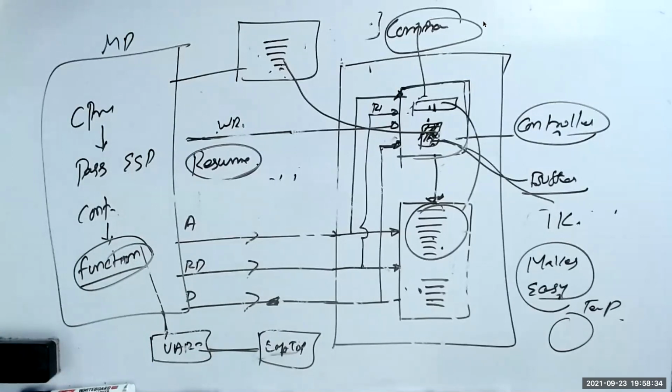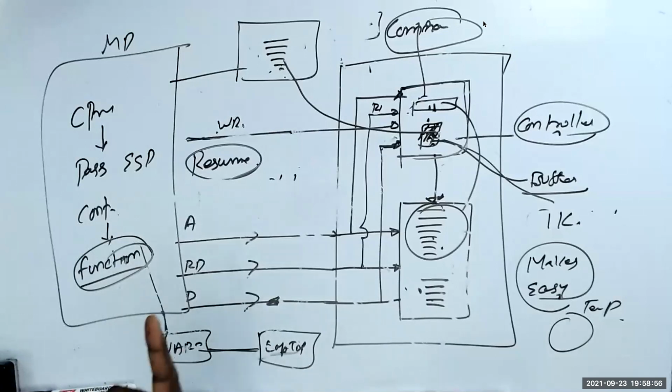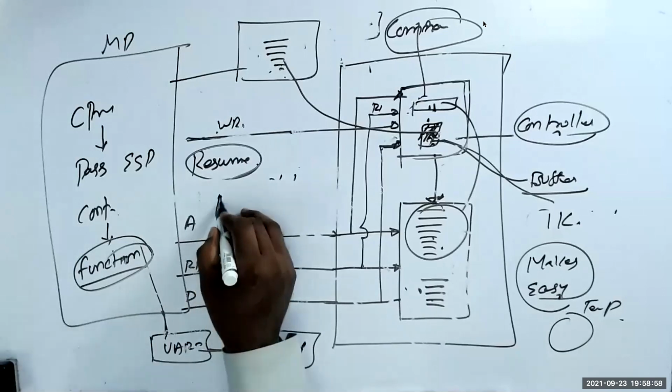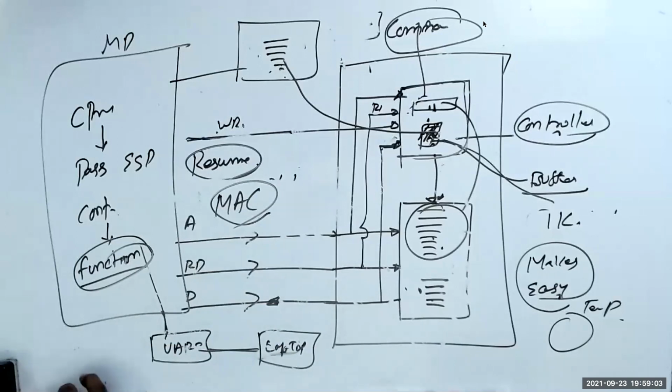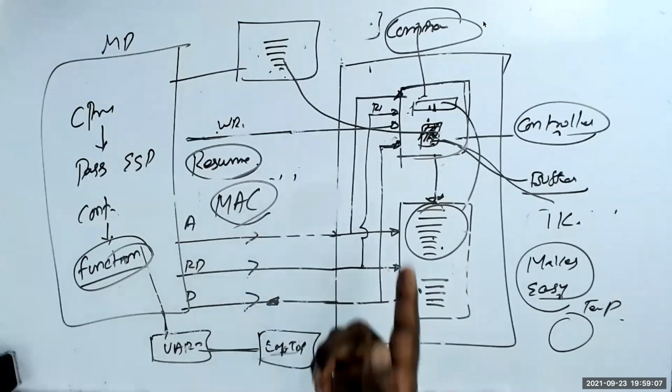MAC address, that is on Ethernet. Nothing to do with this. I don't know what you are saying, boosting memory. I don't know what is boosting memory. Sorry, MAC address I know. That is media access control, the Ethernet MAC address.